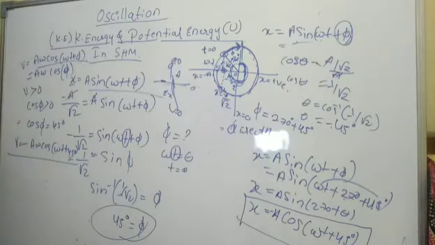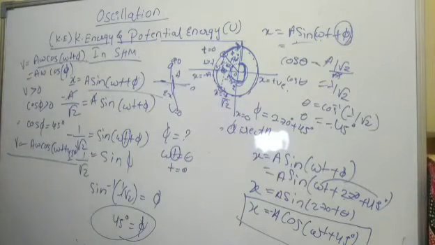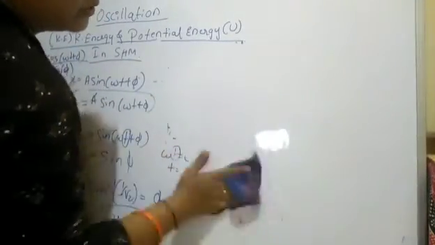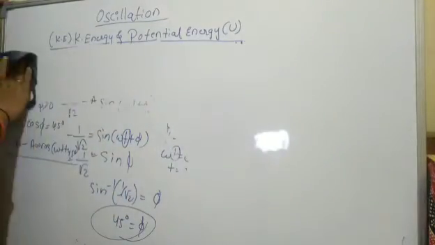So this is the same answer you are getting here. Whichever method you use, the simple harmonic general equation or the phasor diagram, you will get the same answer. But you should be perfect in which method you are utilizing to solve the equation of a particle in simple harmonic motion.